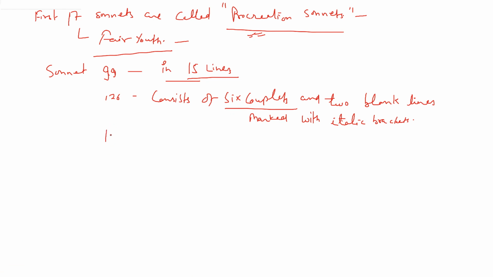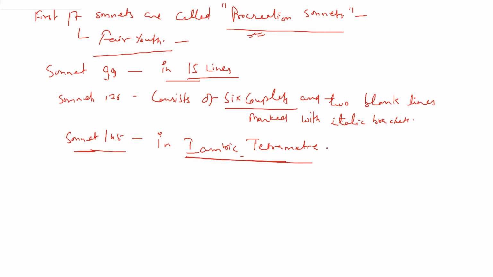Sonnet 145 is in iambic tetrameter, while the rest of the sonnets are in iambic pentameter. Iambic tetrameter means a line of 8 syllables in an iambic pattern, an unstressed syllable followed by a stressed one. The rest are in 10-syllable lines.